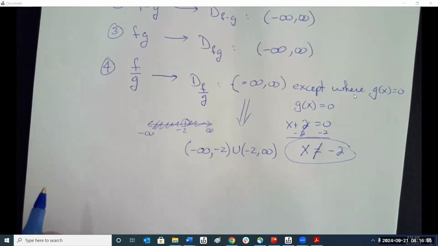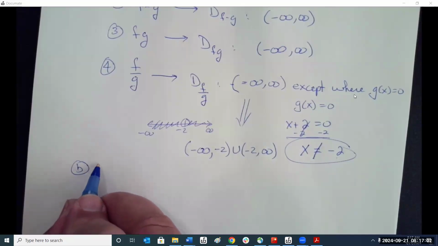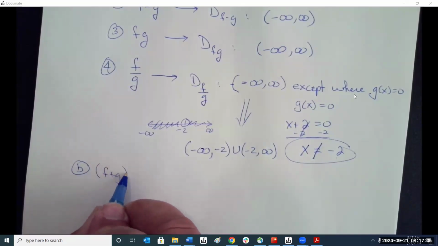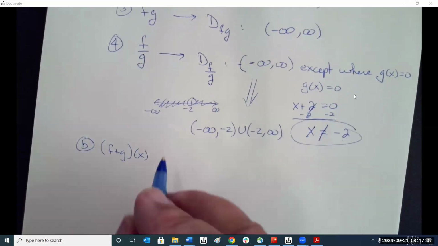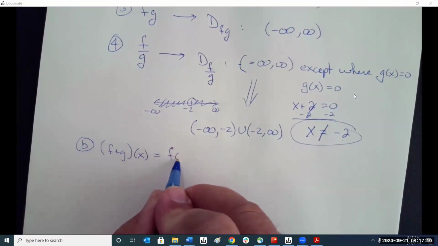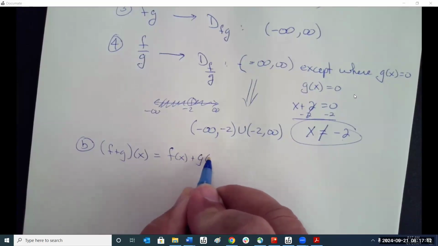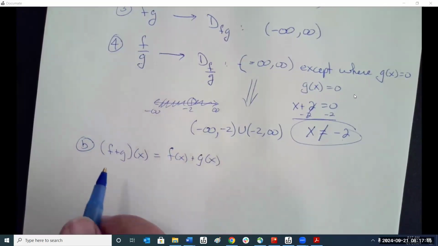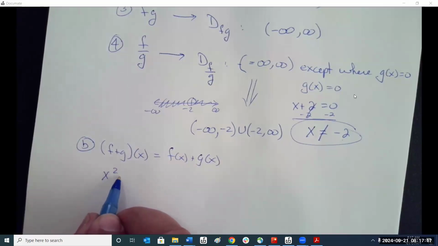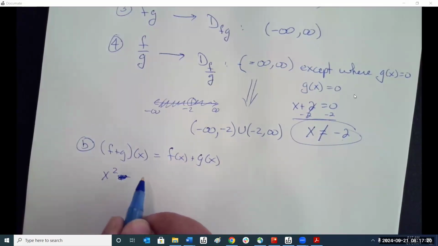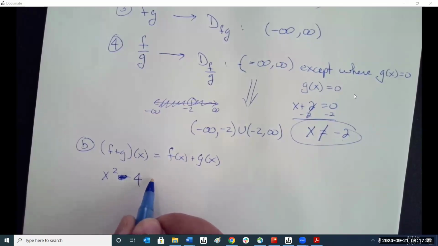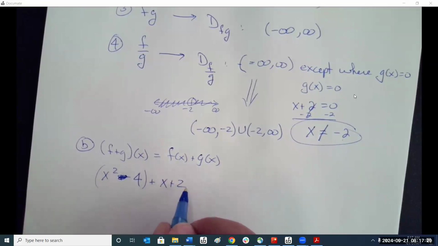All right, so let's look at B. What it says for B, it says find each of the following. So what that's asking us is add the two functions together. x squared minus 4 plus x plus 2.